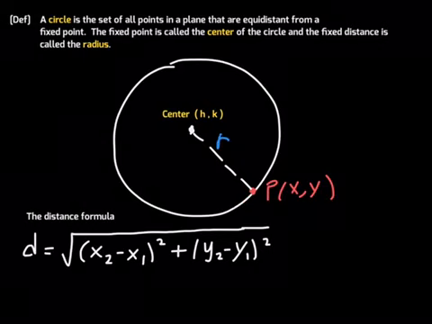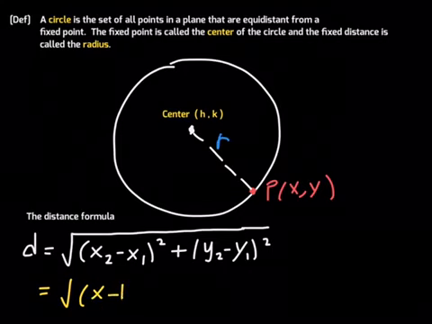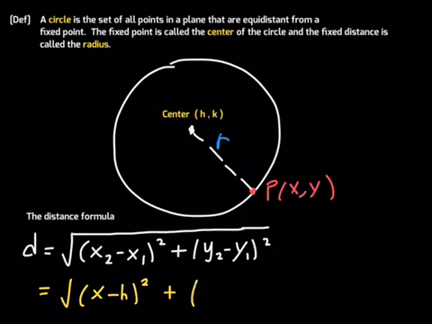All right, so let's plug those numbers in. One of my x coordinates is x and the other one is h. X and h. I'm going to plug those in, and the distance formula says I need to subtract my x coordinates, and then it says I need to subtract my y coordinates.